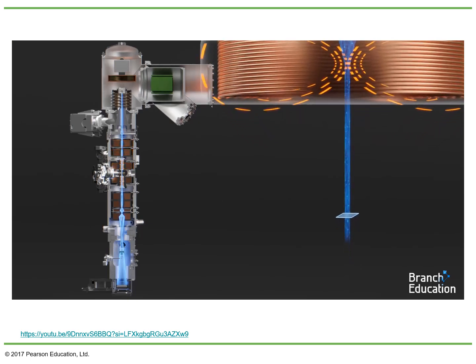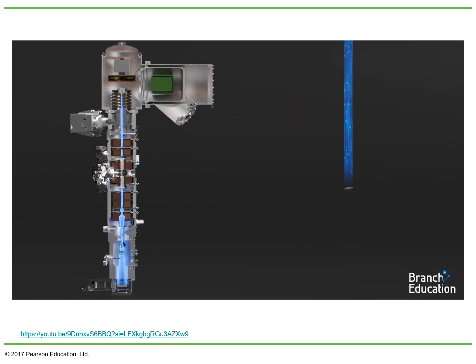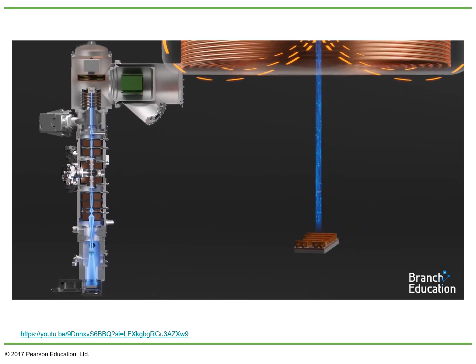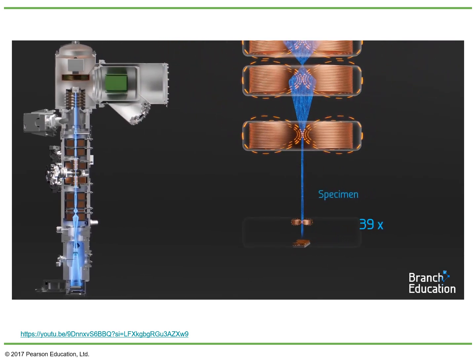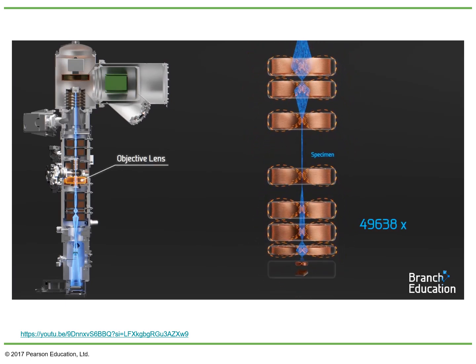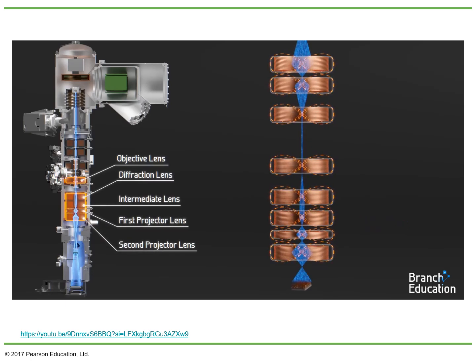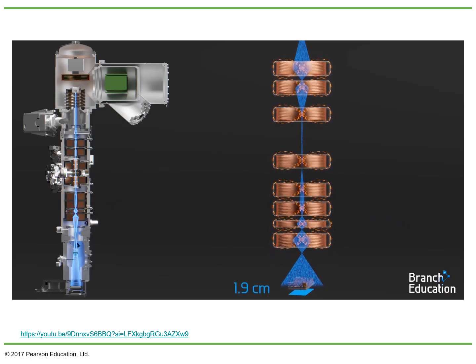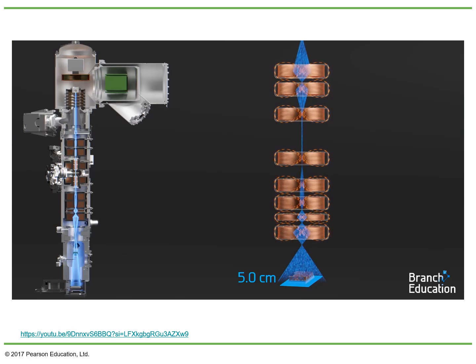Depending on the different densities and materials inside the specimen, the electrons are scattered as they pass through it, thereby imprinting an image of what's inside the specimen onto the beam of electrons. The imprinted beam of electrons is then magnified 40 times using an objective lens, and further magnified 50,000 times using a set of projector lenses. At this point, the imprinted image is 5 or so centimeters wide and large enough to be captured by a high-resolution camera sensor at the bottom of the microscope.